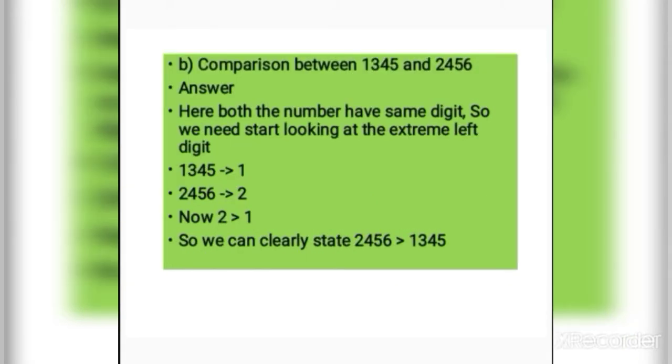In another example, we have 1345 and 2456. Here both the numbers have 4 digits. So how will we find out which is the greater number?